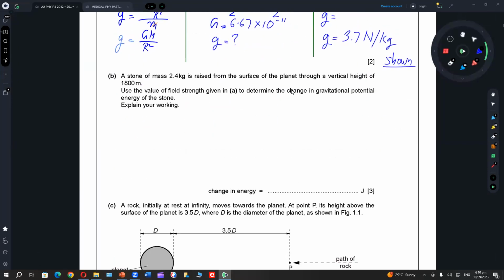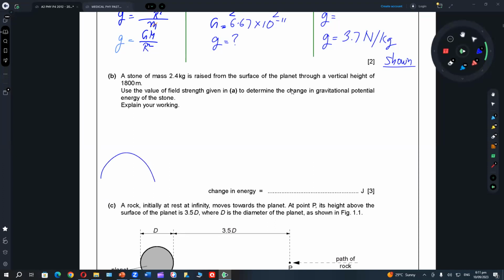A stone of mass 2.4 kg is raised from the surface of the planet through a vertical height of 1800 meters. Use the value of the field strength given to determine the change in gravitational potential energy. It has been raised.